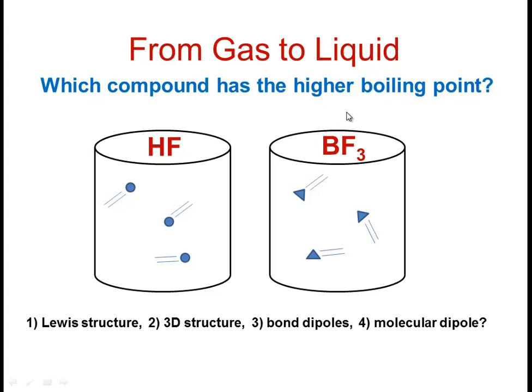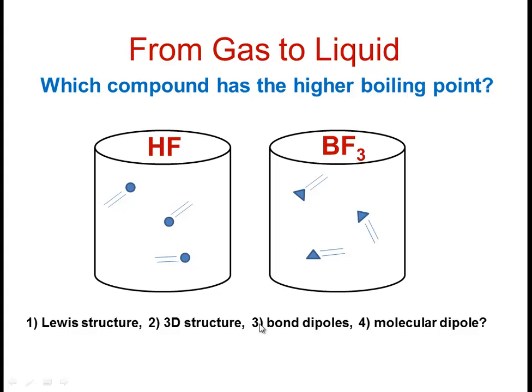Let me try to step you through a good way to approach this kind of problem. Step one, you've got to know what the three-dimensional structure of these molecules looks like. So first, let's draw our Lewis structures for each compound. Then we can determine the 3D structure, because you know all about geometries now.